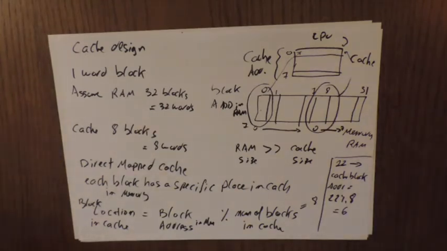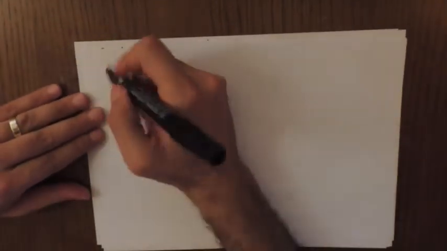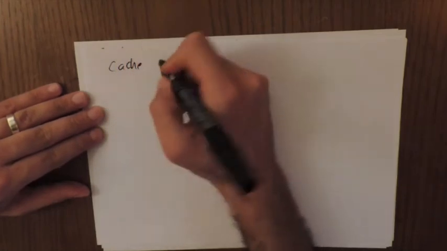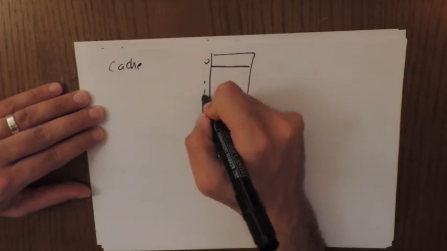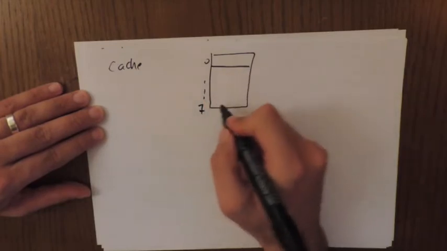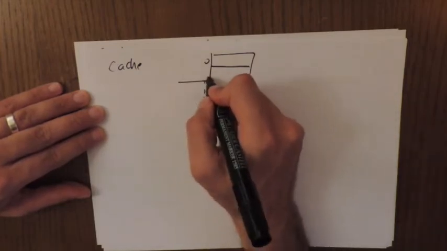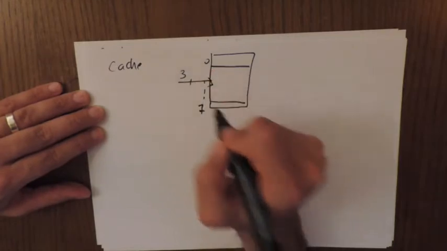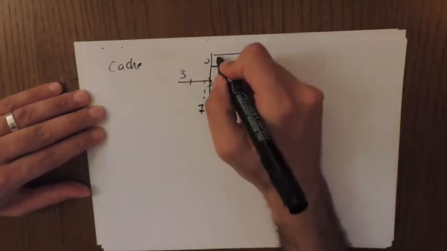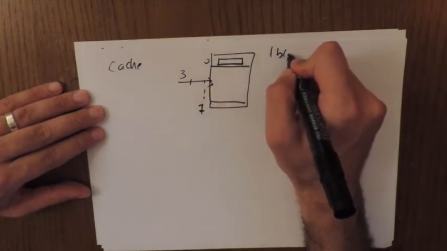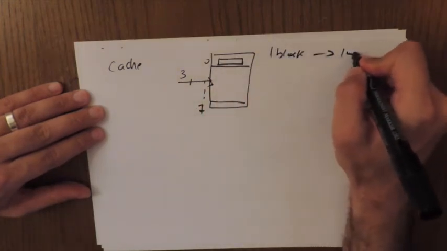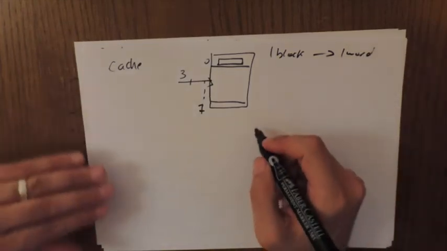So if I take a look at the cache addresses, the cache, as we said, goes from 0 to 7. This means the address is only 3 bits. The location here is one block which has one word.